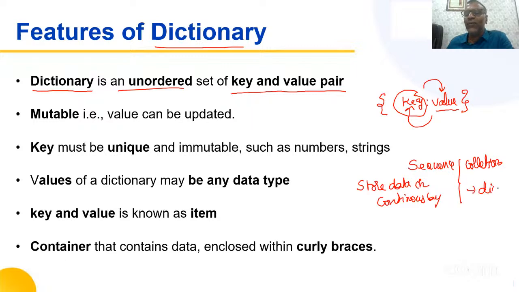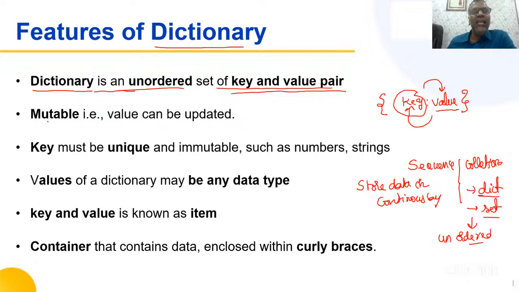The first one is dictionary and the second one is set. These two are called collections, and the important rule is that they are unordered. Whatever data we store in the dictionary as well as set is unordered. So the first point is that a dictionary is unordered, and we store the data in the form of key and value pairs.